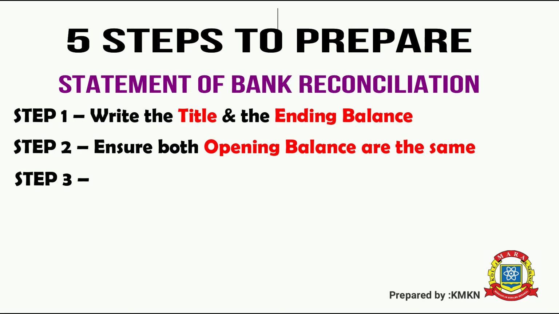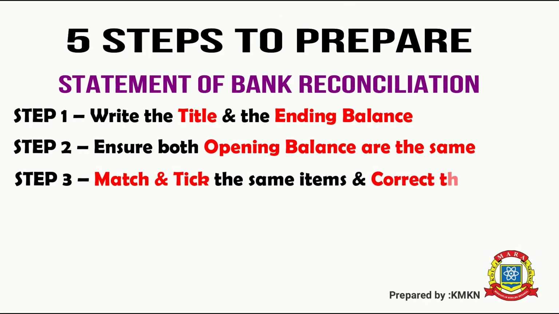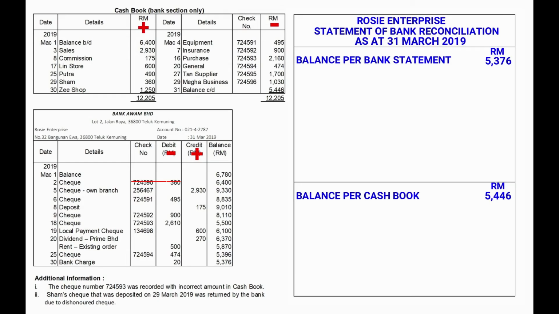Okay, we move on to step 3. What you have to do is match, tick, and correct the errors. Okay, you match the deposits recorded in the debit side of the cash book with credit side of the bank statement. Tick or cross the items appear in both cash book and bank statement.